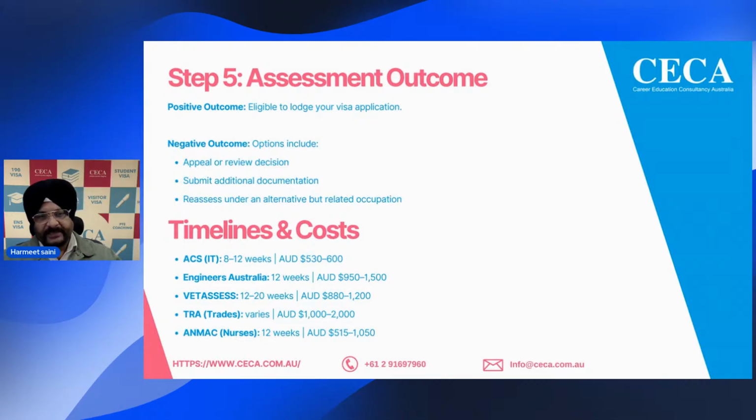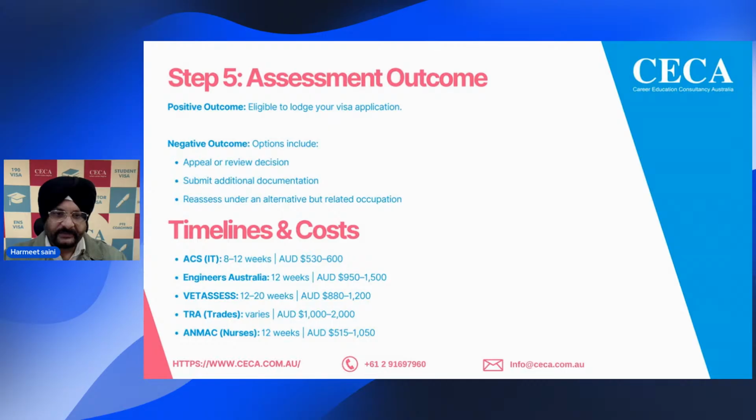Now, timeline and cost. All assessing authorities have different timelines and different costs associated with the applications. I'm not going through the fee structure at this time, and it may not be the same as what the assessing authority fees are at the moment, because every year from July onwards, assessing authority fees are increased according to the CPI.